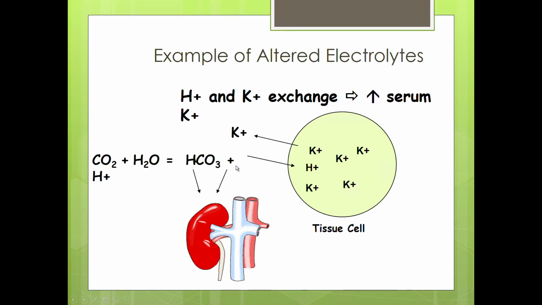When this combines with another hydrogen ion, you can actually have an increase of hydrogen moving into the cell and then potassium moving out of the cell. And this potassium that leaves the cell will end up causing increased serum potassium levels.